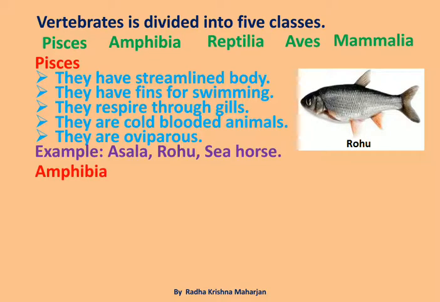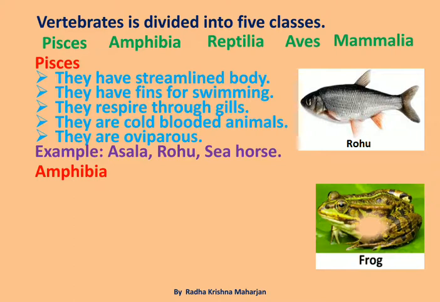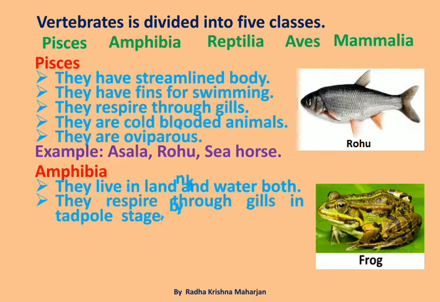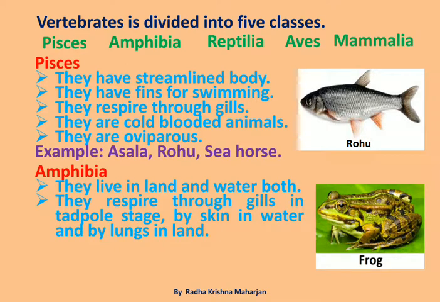Amphibia. They live in land and water both. They respire through gills in tadpole stage, by skin in water, and by lungs in land.